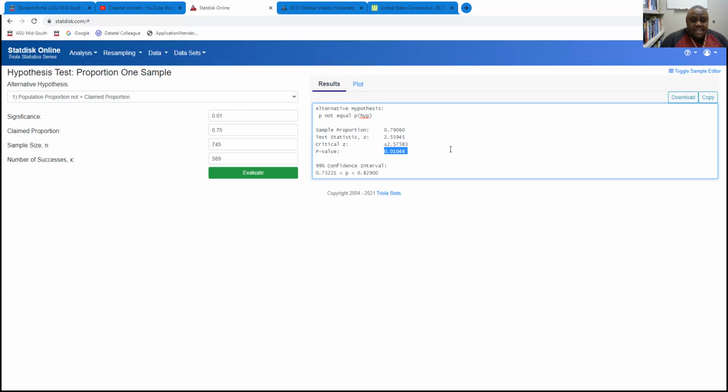So here, there is not sufficient evidence to reject the claim that the proportion of people or adults that said that it is morally wrong to not report all income on tax returns.